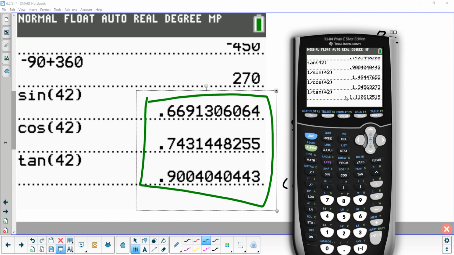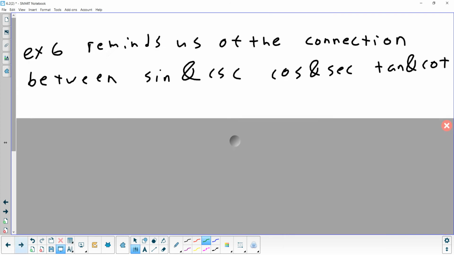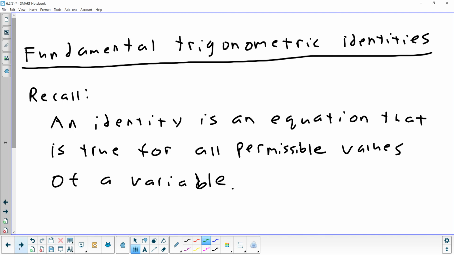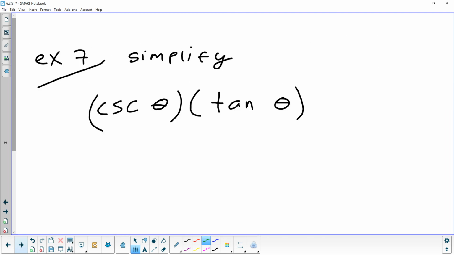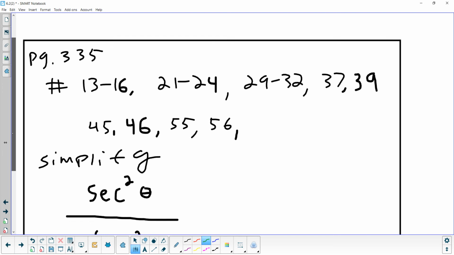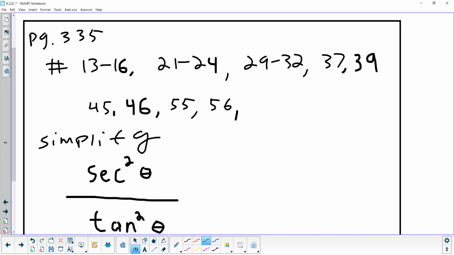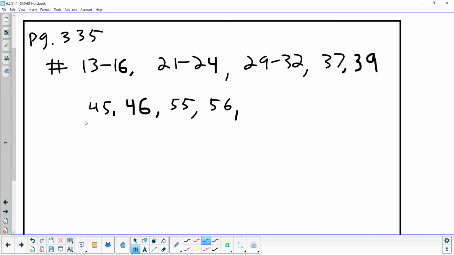All right, so let me give you guys the homework. I think we've only got 5 minutes to finish up in this section, so we'll easily finish this tomorrow. And then we skip the stuff on identities. Okay, so on page 335, let me adjust this a little bit. 13 to 16.